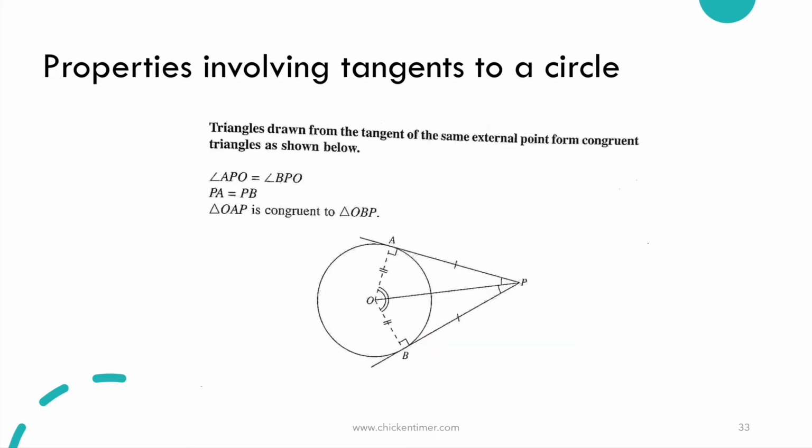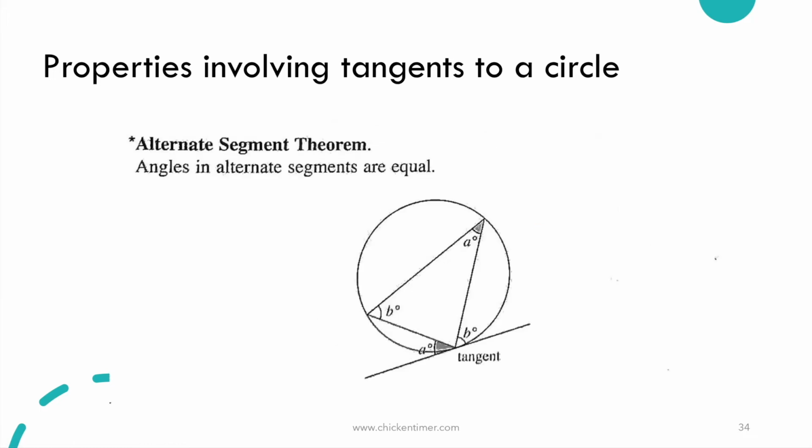Then if you have tangents and you form triangles to some external point like this, the two triangles that form are identical. This triangle and this triangle is identical, so they are congruent triangles. The proof is over there, you can read more about it.